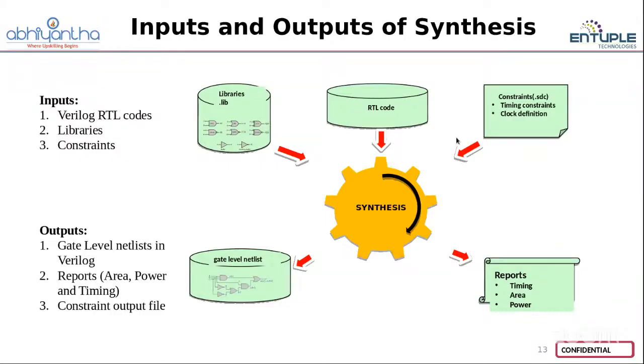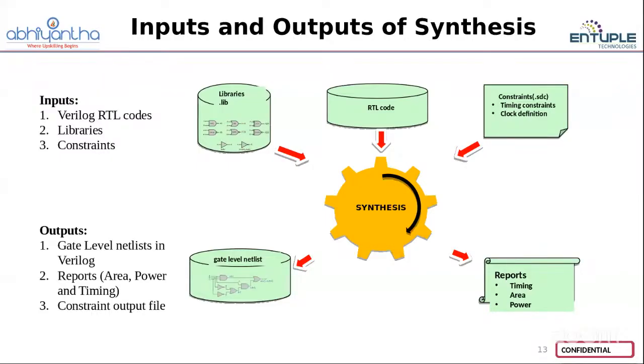Furthermore, we need more details with respect to the constraint file, because it consists of complete information about your operating frequency control. Your entire chip operating frequency will be controlled by your constraint file, and this constraint file will determine the number of gates of the design.